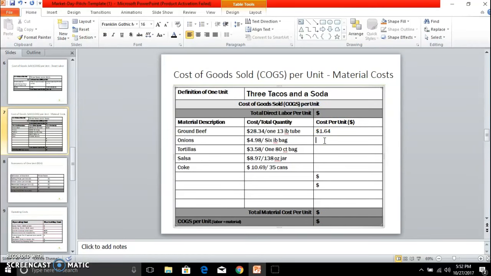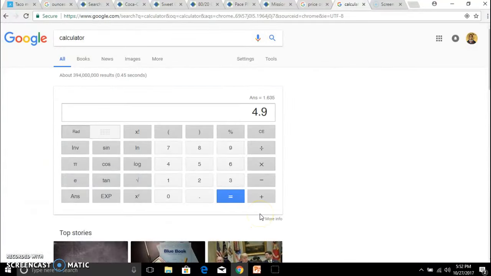Now for onions, we have a 6-pound bag. We're going to divide 4.98 by 6 to find the price per pound, which is about 83 cents per pound for the onions. Like I said before, we're trying to find the ounce, so we divide this by 16, which is about 5 cents per ounce.